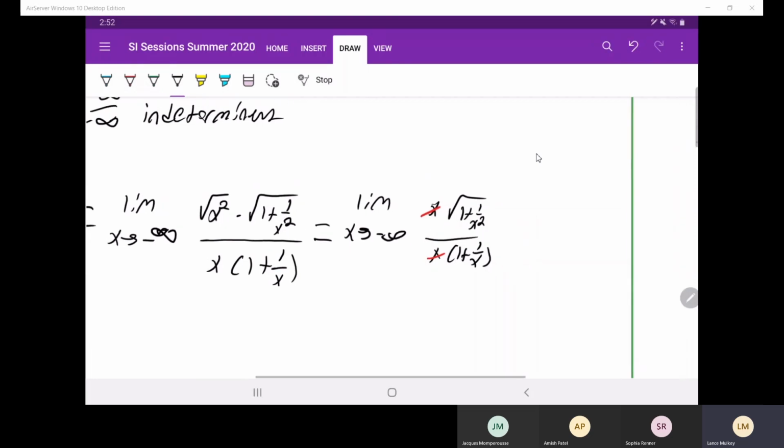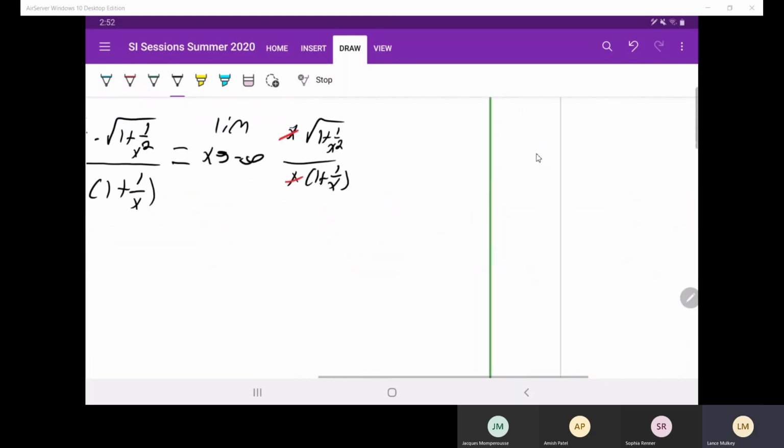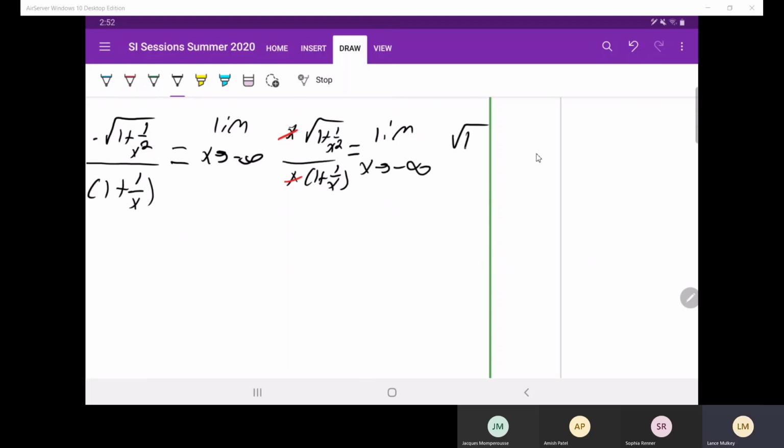So you're left with, which equals, these would be negatives, but since you have a 1 there, that's such a small number, it doesn't matter. So it ends up equaling 1. Any questions on how I solve that one?